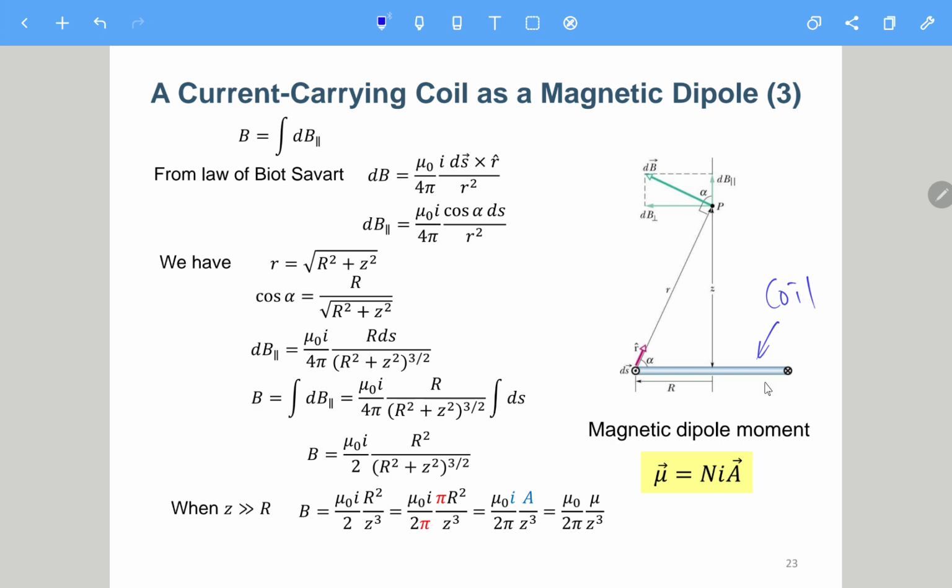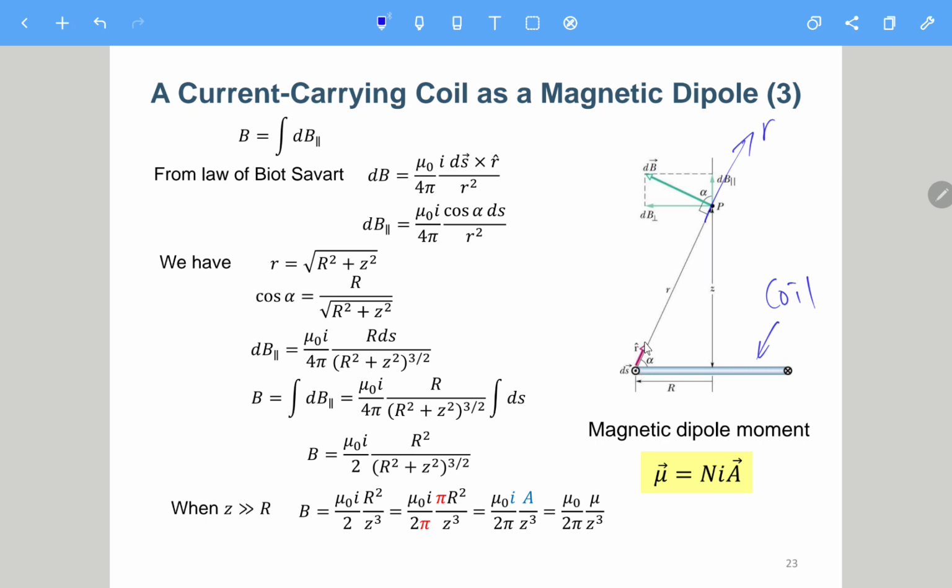Here, this ds is pointing out of the page, and we consider the point P along the z-axis, which means we connect this point with point P. This is our axis for this ds. So ds is pointing out of the page, and r is pointing to the top right.